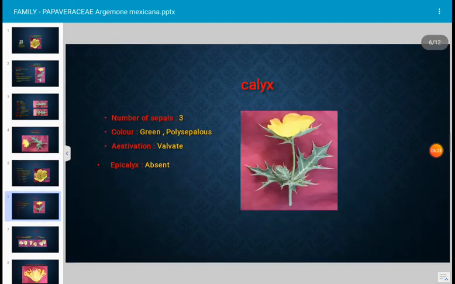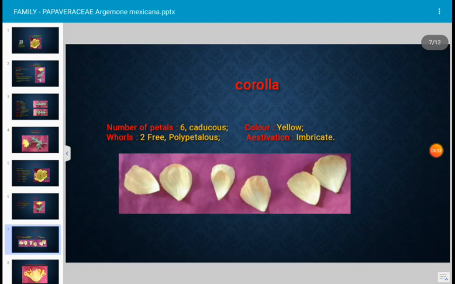Next. This is the calyx of Argemone mexicana, family Papaveraceae. There are 3 calyx lobes. Calyx lobes means sepals. There are 3 sepals, which are green in color, and the sepals are free, hence polysepalous condition. Estivation is valvate. Epicalyx is absent in this flower. Next. This is the corolla of Argemone mexicana. The corolla consists of petals.